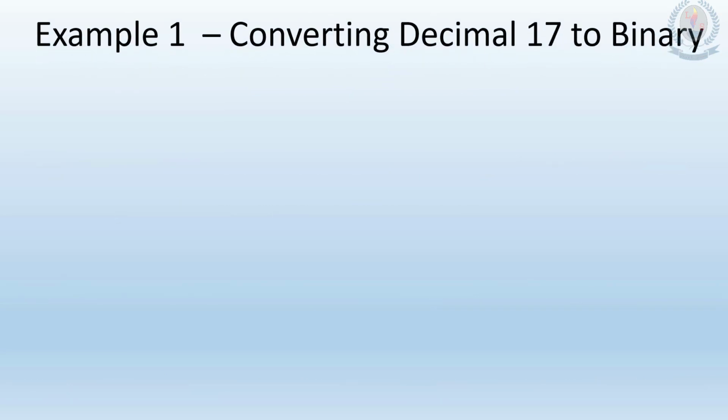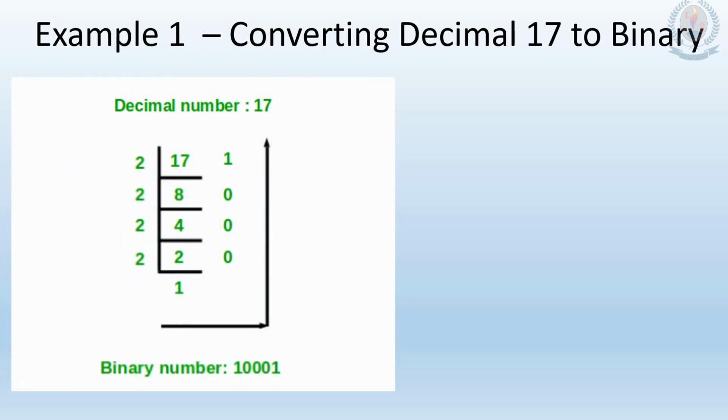Let's see an example of how to convert this decimal number 17 into binary. This is how it goes. You divide 17 by 2 and the remainder is 1. Then you divide that 8 by 2, the remainder is 0, you get 4. You divide that by 2, the remainder is 0 and again you get 2. 2 divided by 2 is 1, and the remainder is 0.